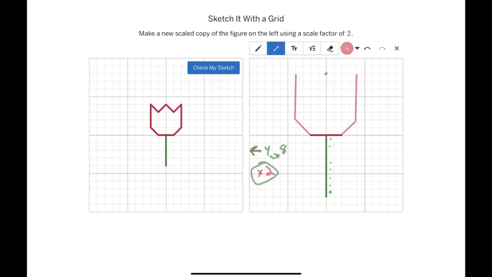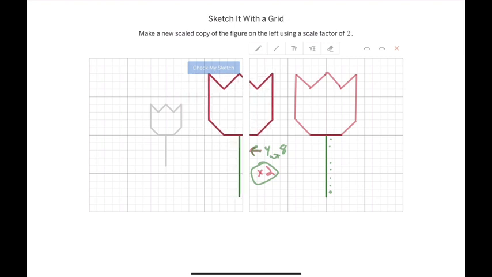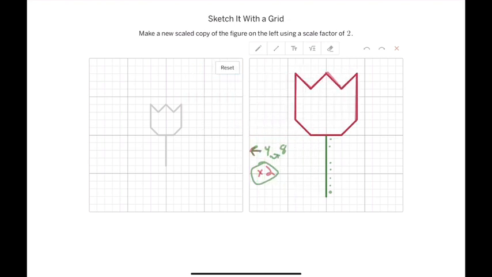And now as the tips of the flower go down 1, and since I'm scaling it by 2, it should go down 2, and then it should go up 2, and then it goes down 2 again, and it should go up 2 again. And let's see how I did. Much easier with the graph paper.